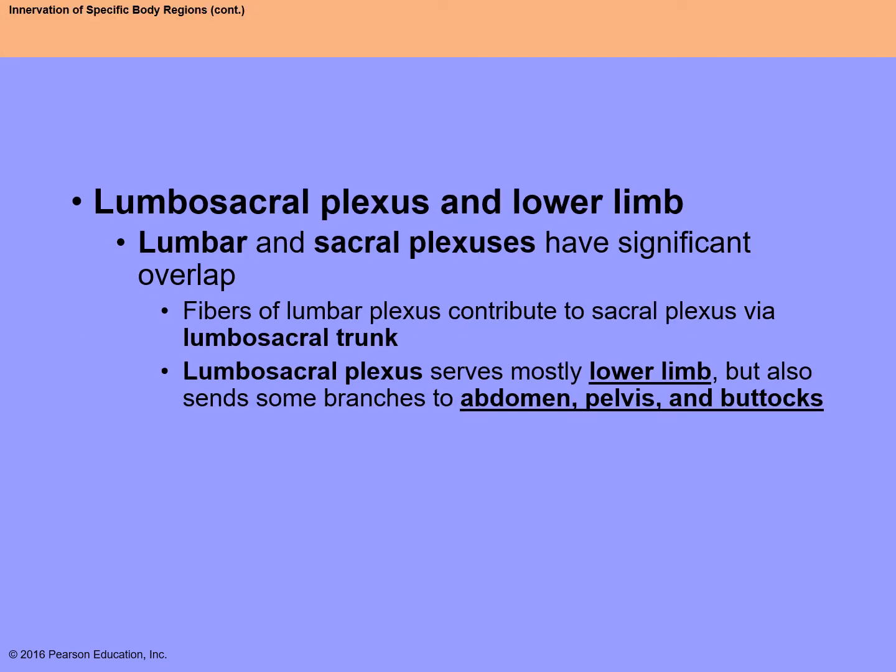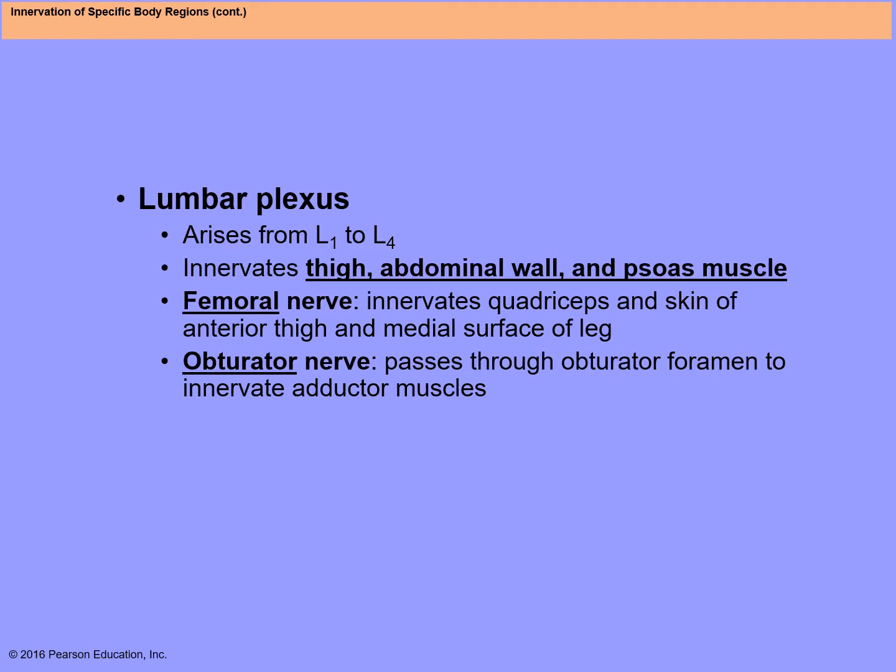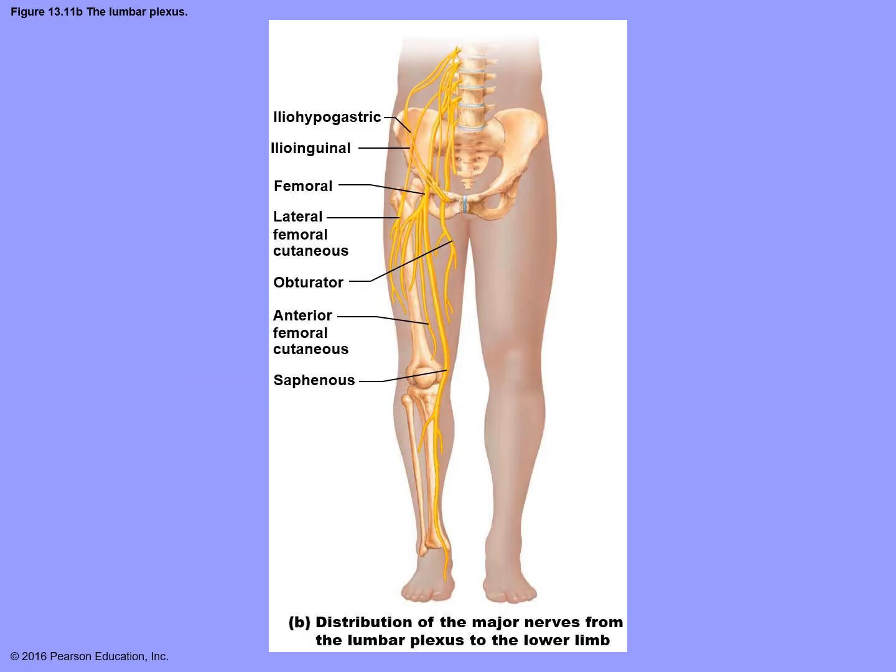The lumbosacral plexus and the lower limb, as I said earlier, both the lumbar and the sacral plexus individually will supply the nerve functioning for your legs. The femoral nerve, think of where the femur is. Once again, if you were to see a diagram here, can you find the nerve?